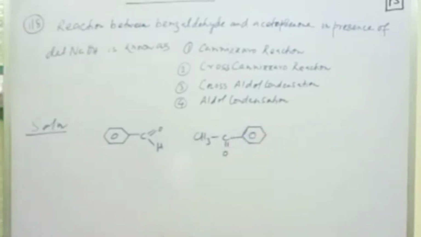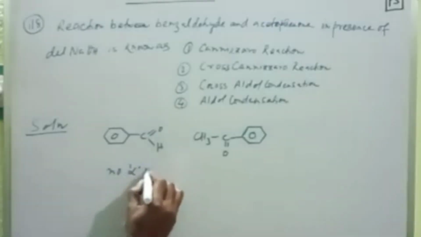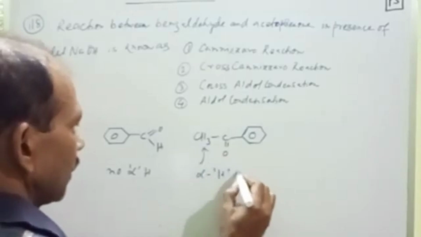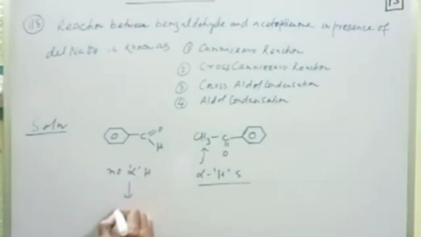This molecule contains no alpha hydrogen. These hydrogens are alpha hydrogens. A carbonyl compound which contains no alpha hydrogen takes part in Cannizzaro reaction.